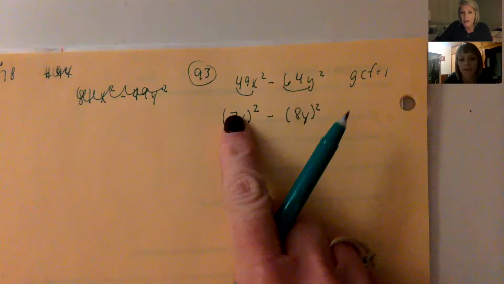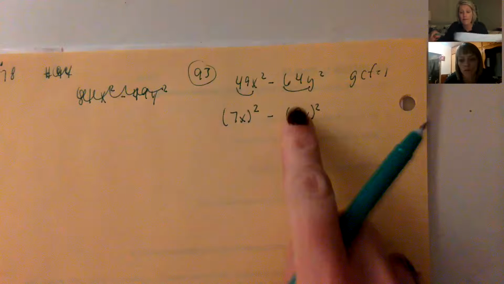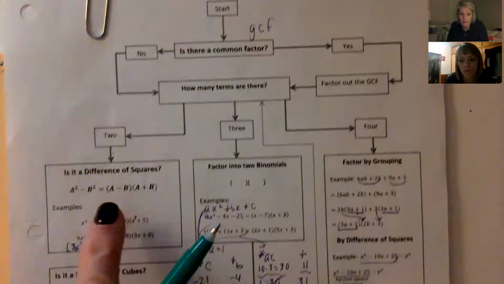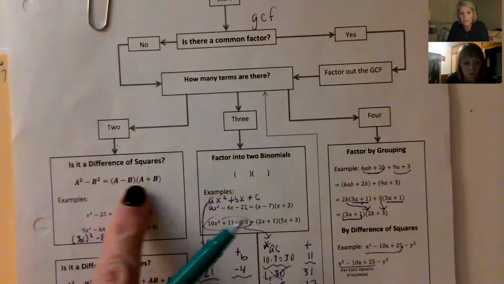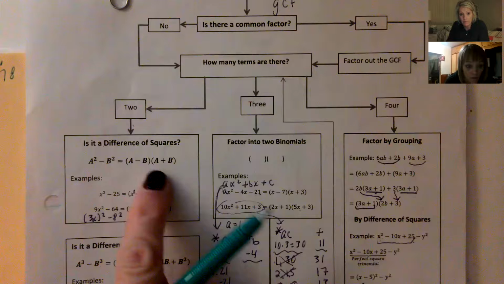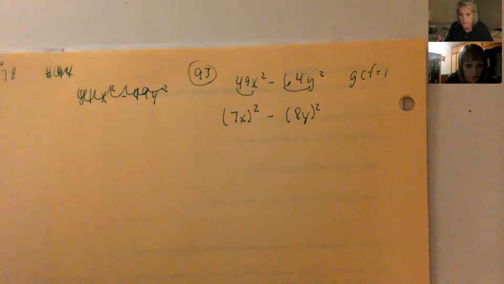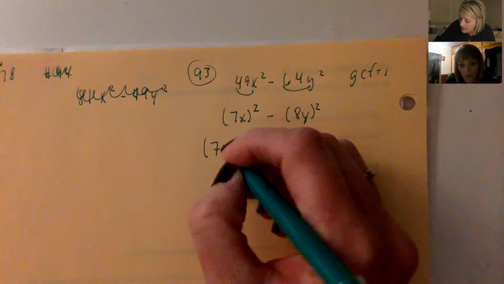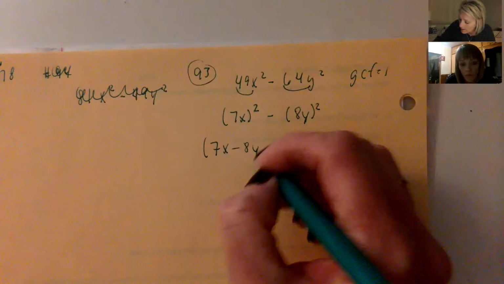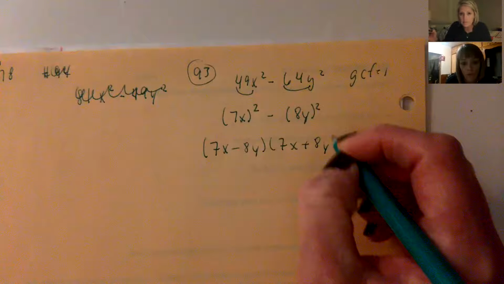And because I can write it as something squared minus something squared, I fall into this pattern. And I can just write that as the something minus something times the something plus something. A minus B times A plus B. So we can then say, I can factor this into 7X minus 8Y times 7X plus 8Y.